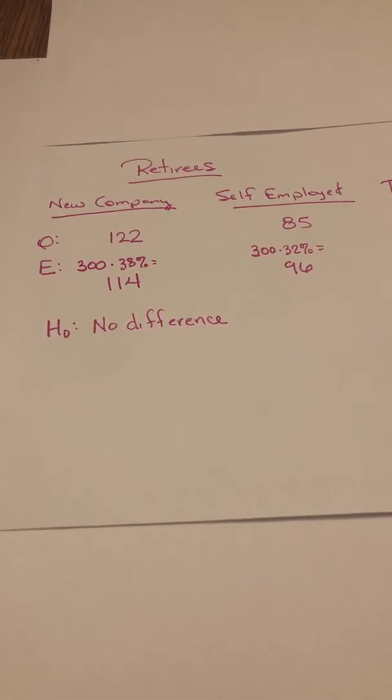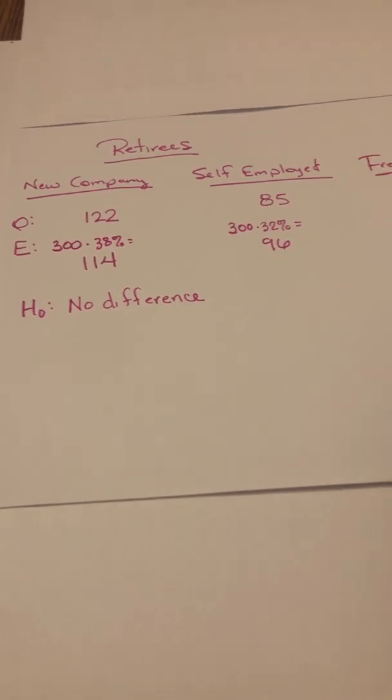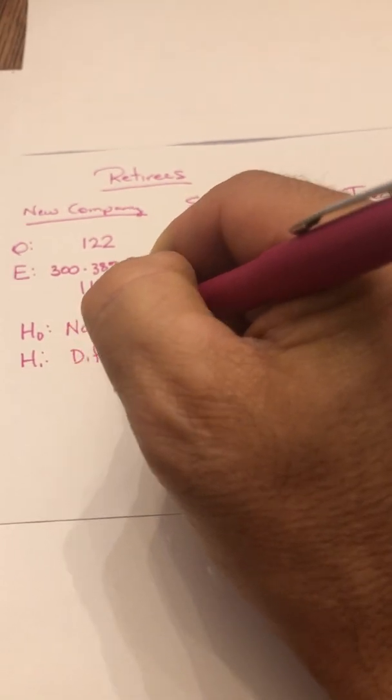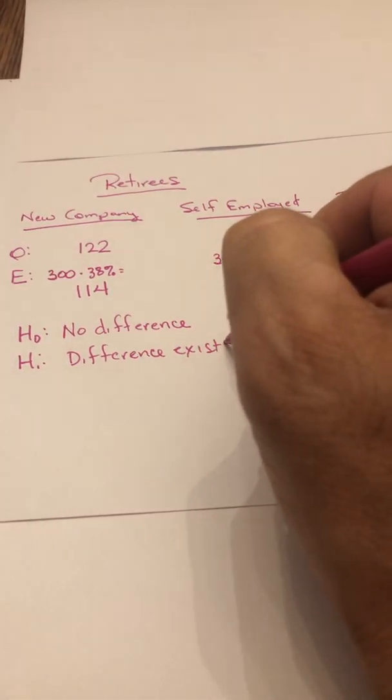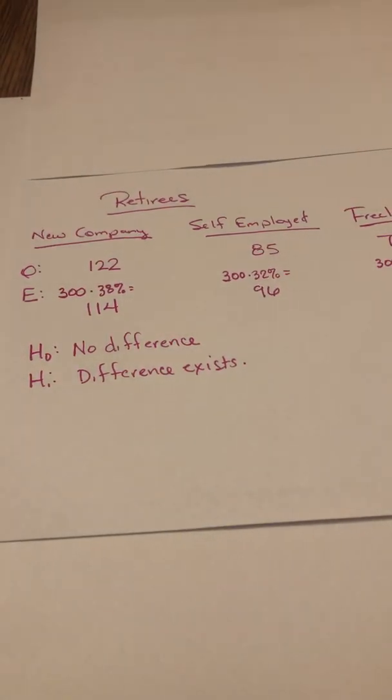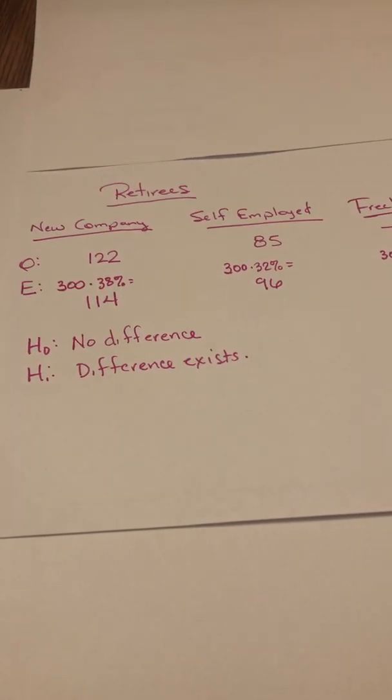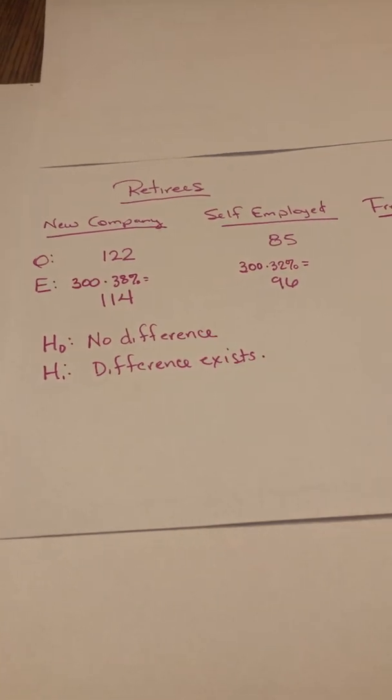That's another way of saying they're the same. There's no difference between them. Or, alternatively, a difference exists. Okay. So this is really the two different types of problems you can run into.